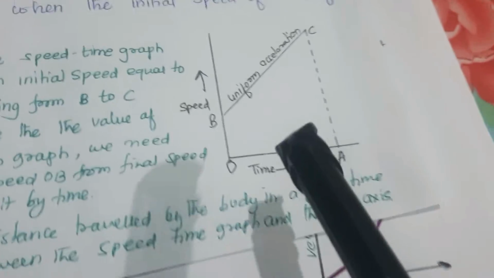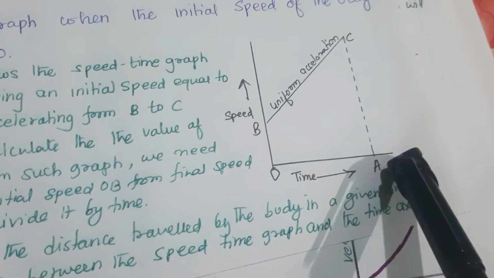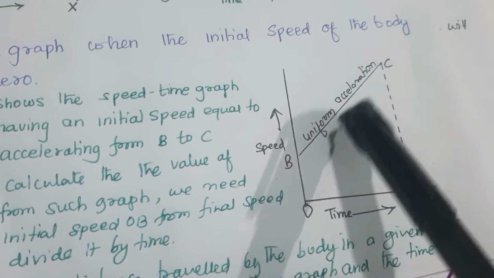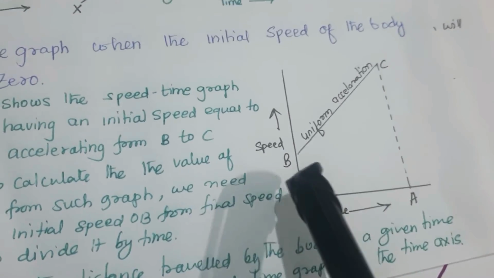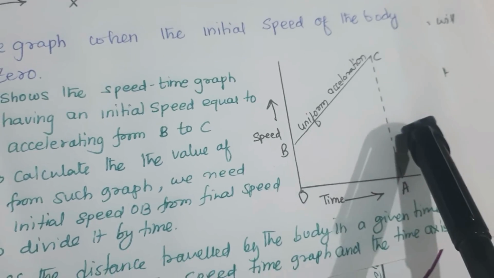Let us look once again. Here OB is parallel to AC and this is a closed four-sided figure where these two sides are parallel. That is why we call it a trapezium.